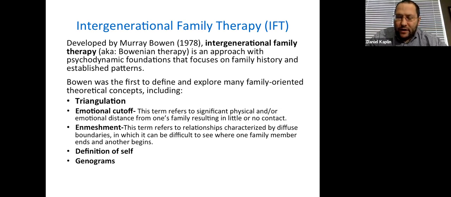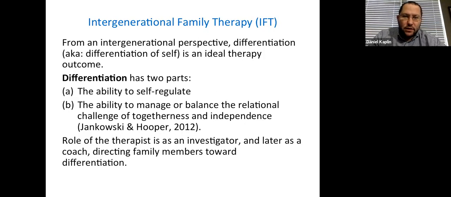So I already talked about figuring out the independent self versus the interdependent self. And I already talked about genograms, right? So the goal, and I know this is in relational psychoanalysis as well, so this is not just intergenerational family therapy, but the goal should be that a person has the ability to self-regulate and work towards the differentiation of the self, which means to become an independent body, an independent person.